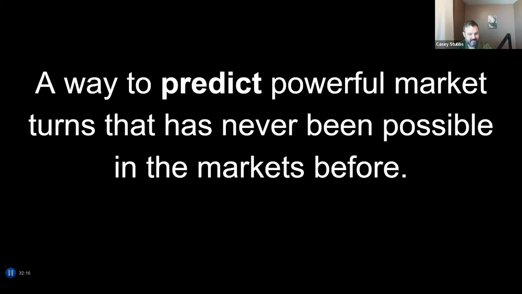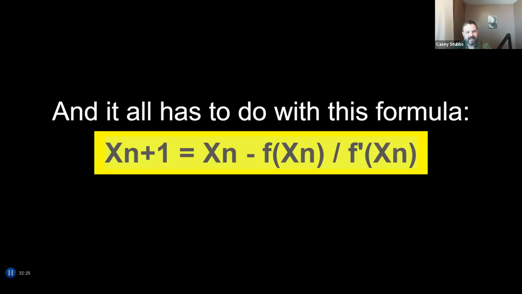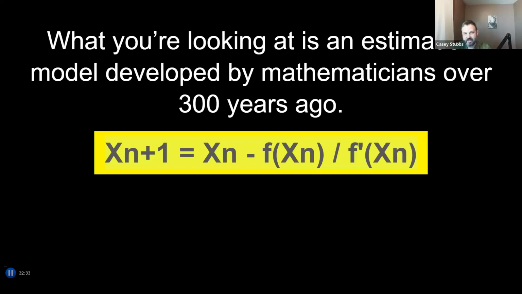What you're about to see is a massive discovery that has taken almost a decade to bring to you today. A way to predict powerful market turns that has never been possible in the markets before. And it all has to do with this formula. What you're looking at is an estimation model developed by mathematicians over 300 years ago.